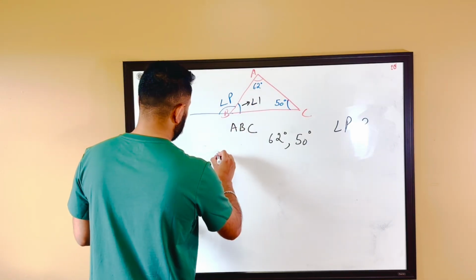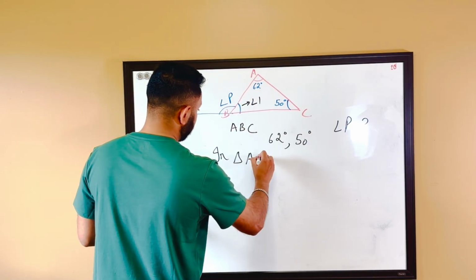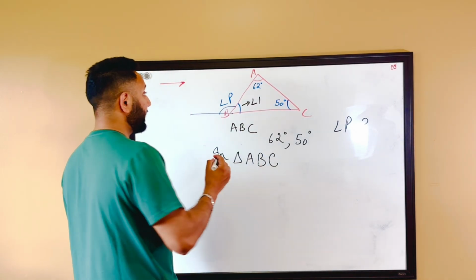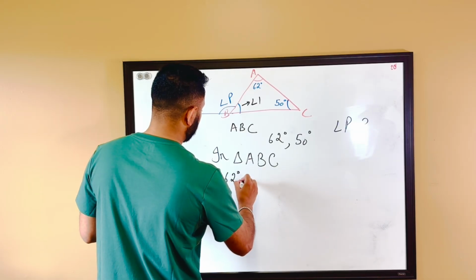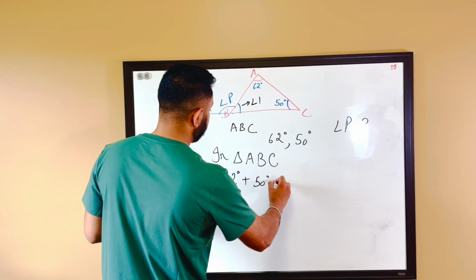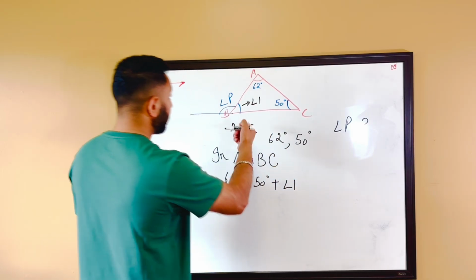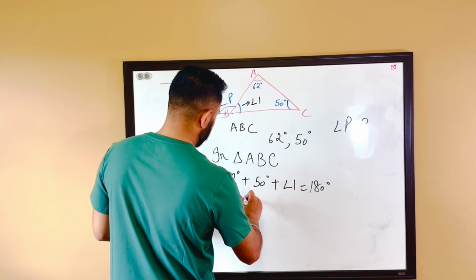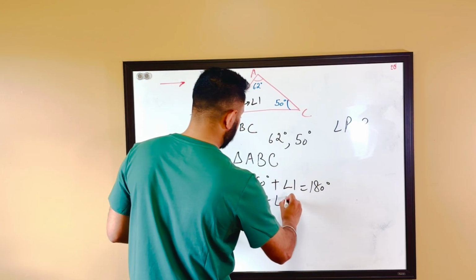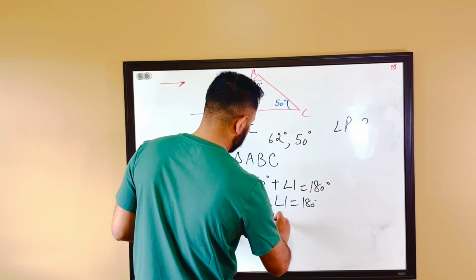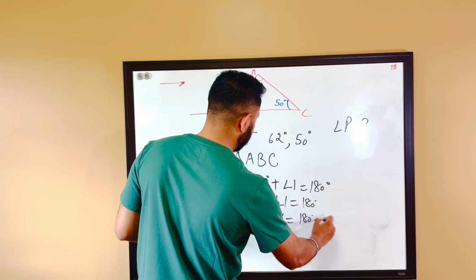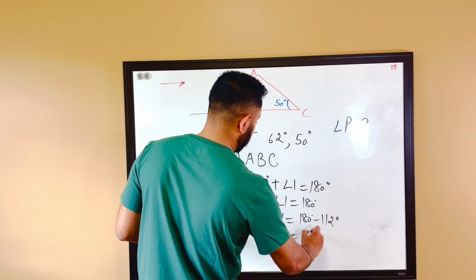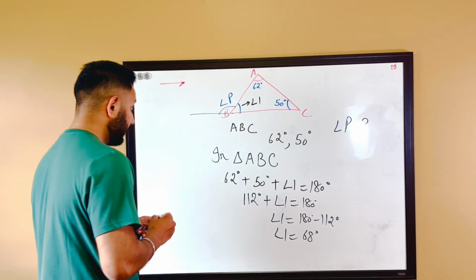So in triangle ABC, we know that the sum of angles in a triangle is 180 degrees. That means 62 degrees plus 50 degrees plus angle 1, which is inside the triangle, is 180. So this is 112 plus angle 1, and 180 minus 112, so angle 1 is 68 degrees.